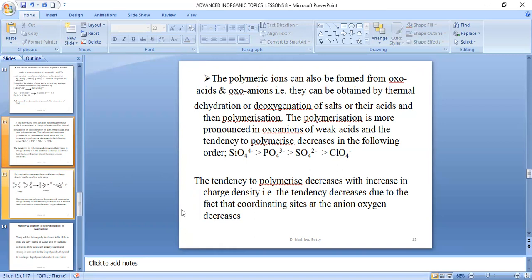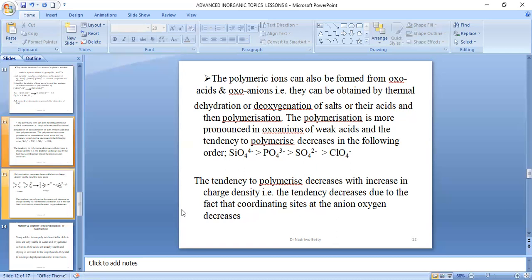The polymeric ions can also be formed from oxo acids and oxo anions. That is, they can be obtained by thermal dehydration or acidification of the solute or their acids, and then polymerization. The polymerization is more pronounced in oxo anions of weak acids, and the tendency to polymerize decreases in the following order: silicate is greater than phosphate, greater than sulfate, and also chlorate.